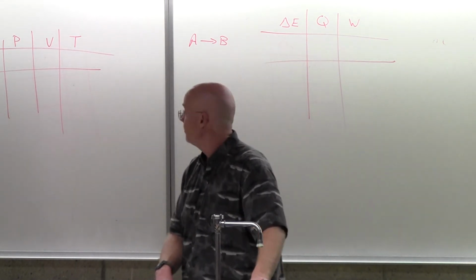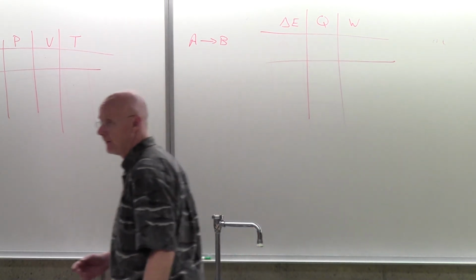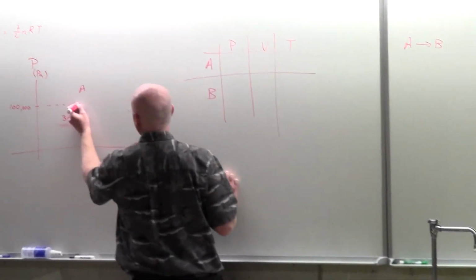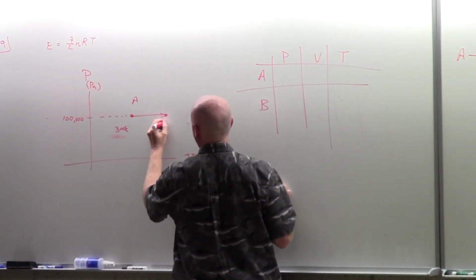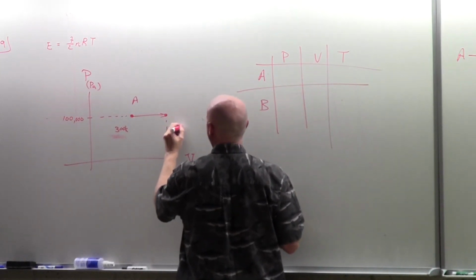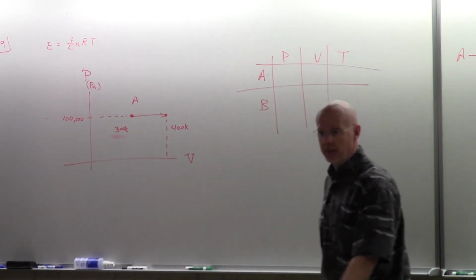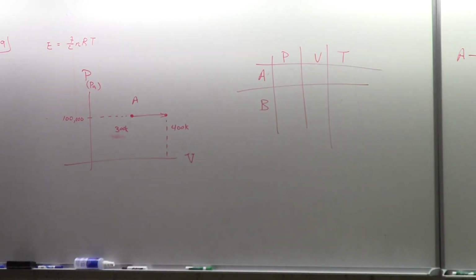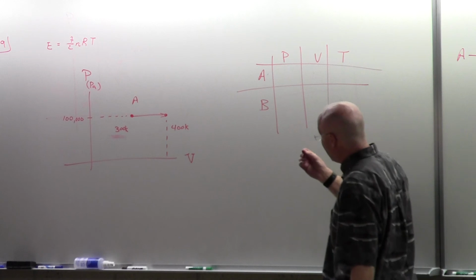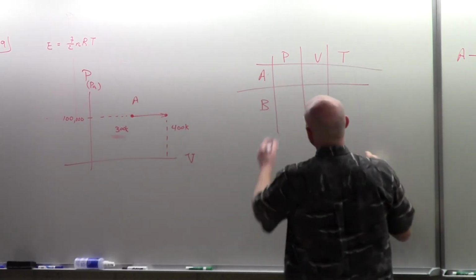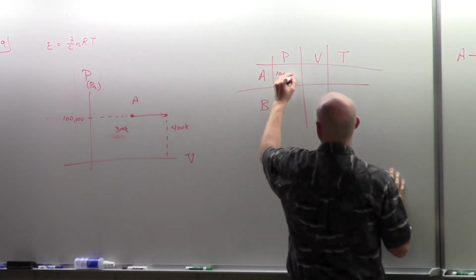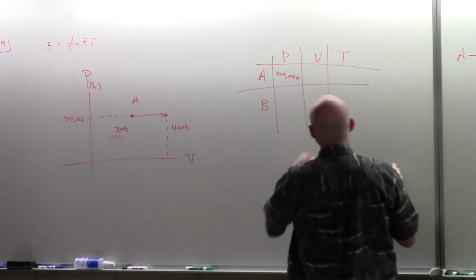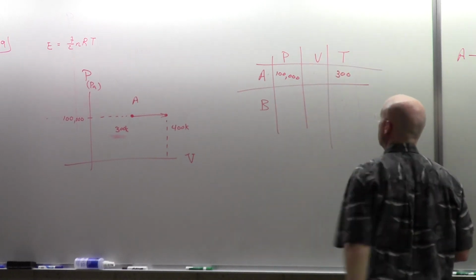Okay, so constant pressure. What would that look like? That's how I would describe it, right? From A to B. So starting at A, I would have a pressure of 100,000 pascals. I would have a temperature of 300.